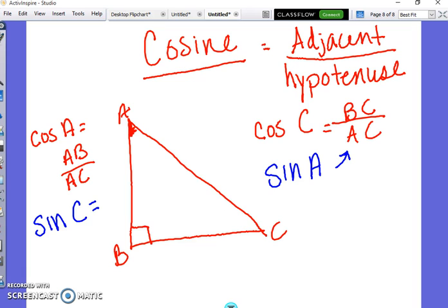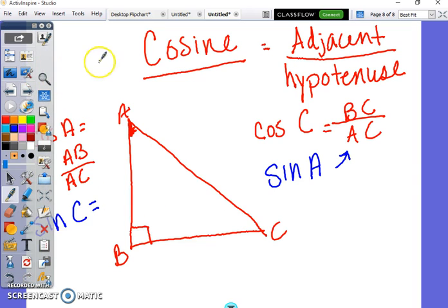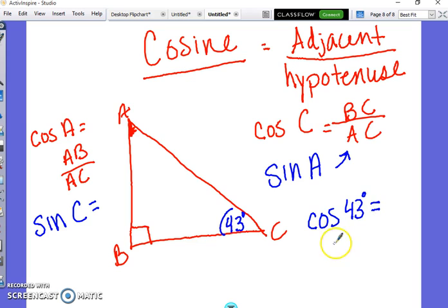Let's think about this. Let's say C was 43 degrees. So cosine of 43 degrees equals the sine of what?